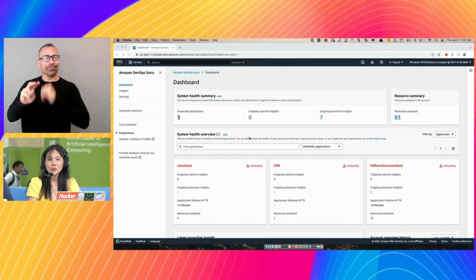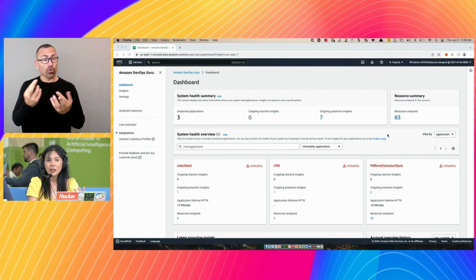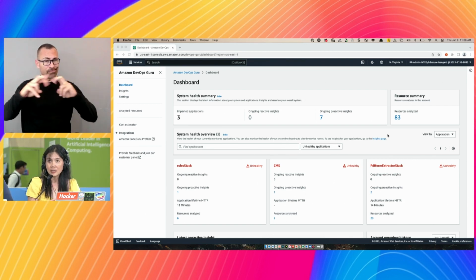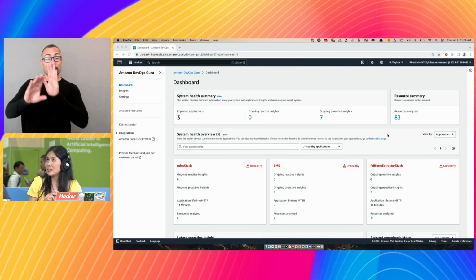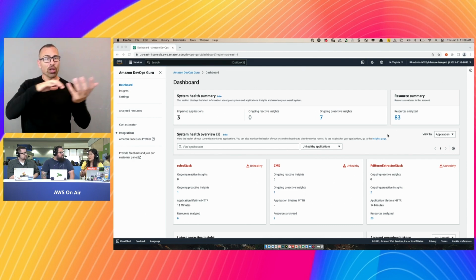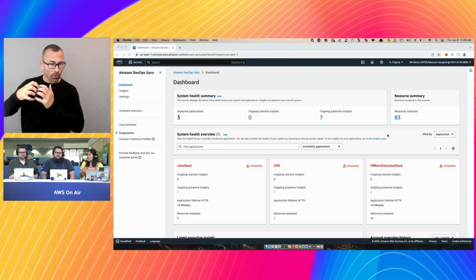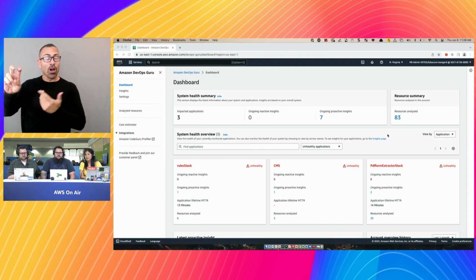The main dashboard will tell you how many resources it has analyzed. DevOps Guru will ingest data such as CloudWatch metrics, CloudFormation, and the data in CloudTrail, and then correlate that data together for your resources and figure out what's going on there.